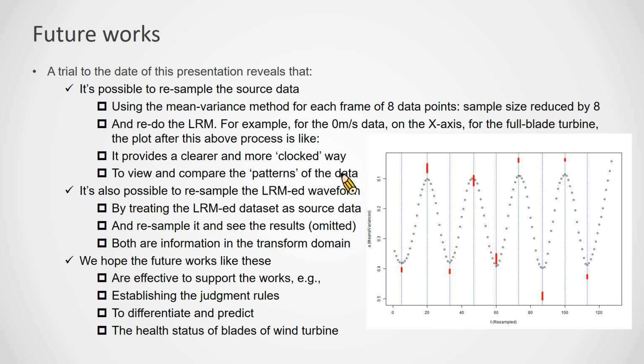And it's also possible, of course, to resample the waveform after the local regression method is used. We hope future works like this are effective to support works such as establishing the judgment rules to differentiate and predict the health status of blades of wind turbines.